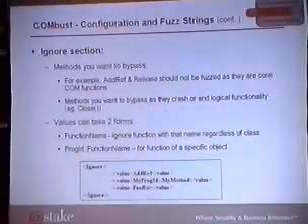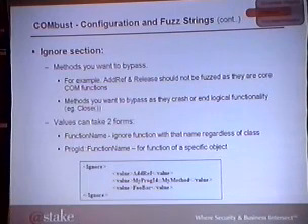The ignore section, that's the third section of the XML file. Some methods are COM framework methods, AddRef and Release, for example, methods you don't want to call first because otherwise the COM object just goes away.